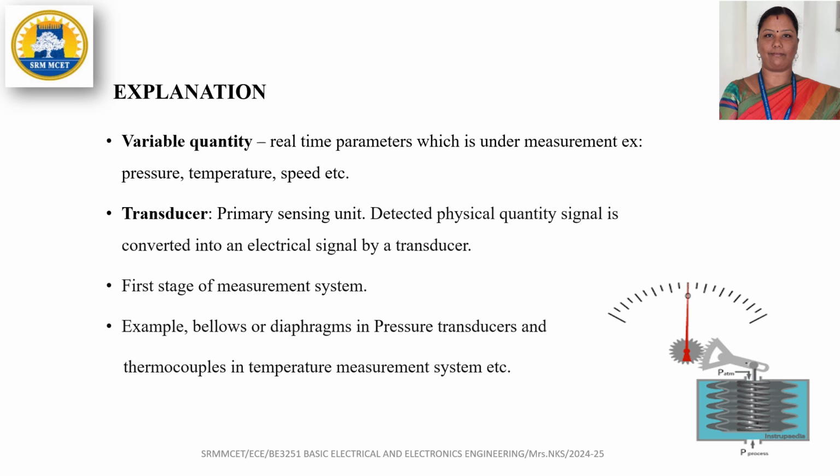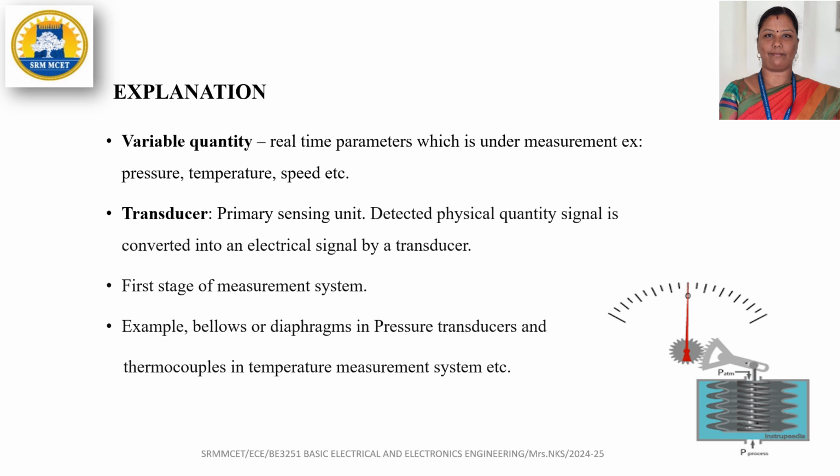Examples of transducers are bellows or diaphragms in pressure transducers and thermocouples in temperature measurement systems. The transducer senses the physical quantities and then converts them into another form, maybe a physical quantity or an electrical quantity.